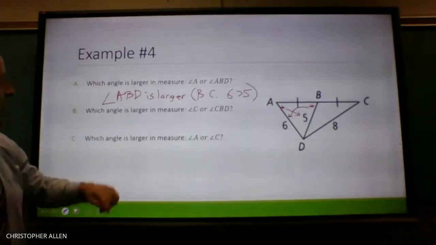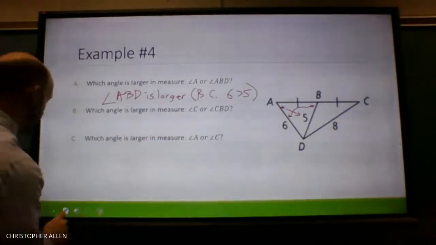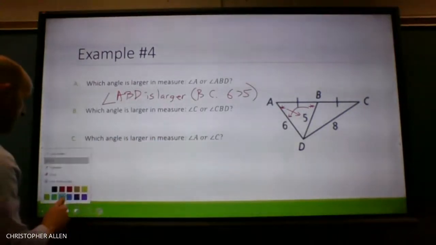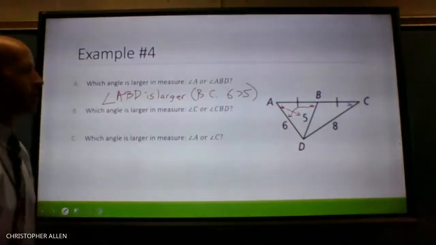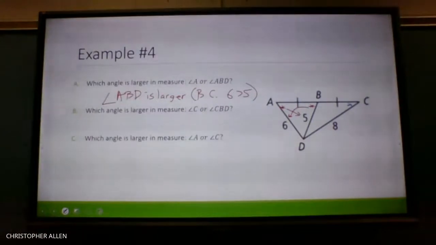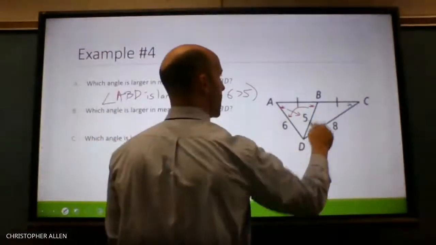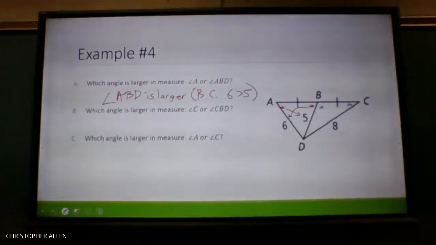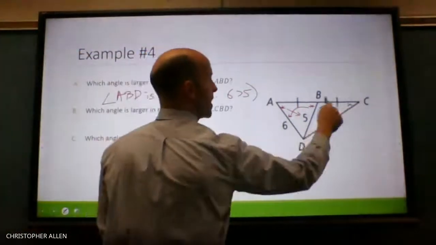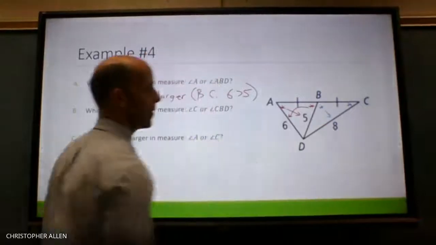All right, let's look at part B. Which angle is larger? Angle C, that's this angle right here, or angle CBD, that's this angle right here? Well, across from angle CBD, that's 8.